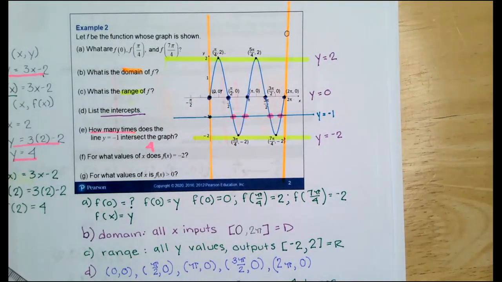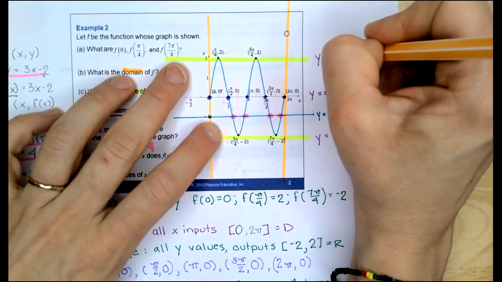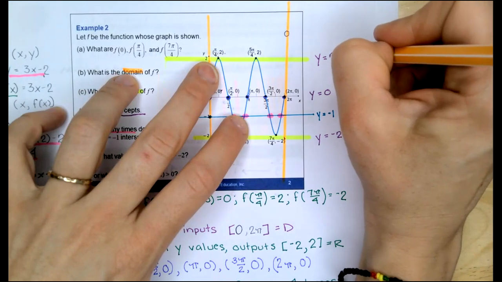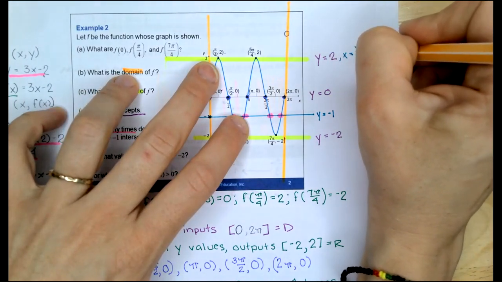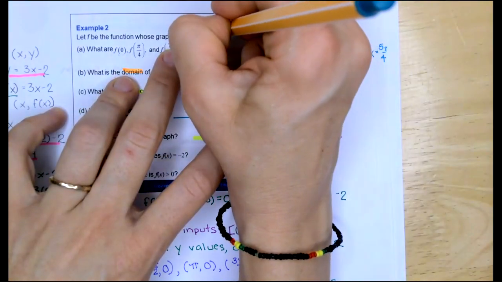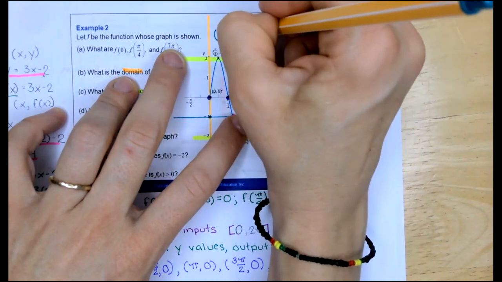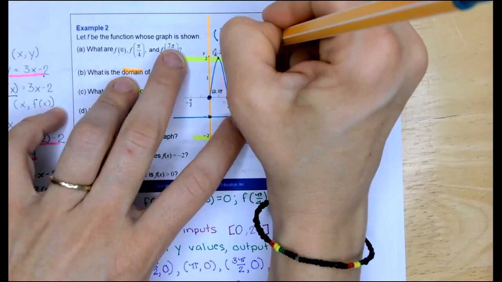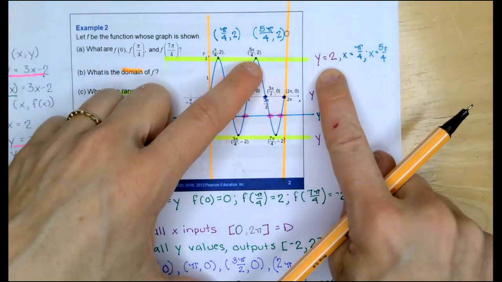When y equals 2, x can be either pi over 4 or x can be 5 pi over 4. This isn't how I would write it. I would write it as the 2 points, the way they wrote it. So it's either pi over 4, 2, or 5 pi over 4, 2. Those both have a y value of 2.